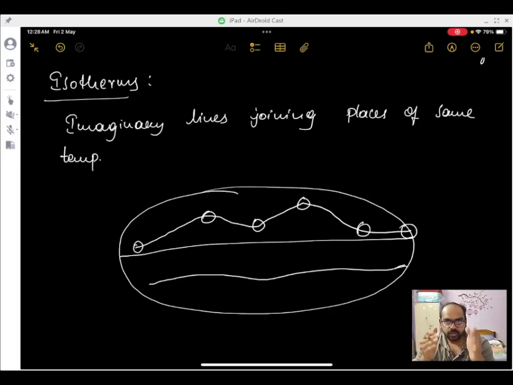We have discussed this in the first class of climatology, please do visit that class. We have discussed all the logics in the first two classes, and there will be more concepts and logics in coming classes.